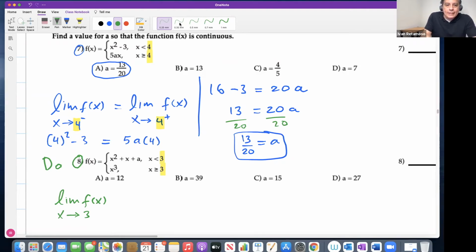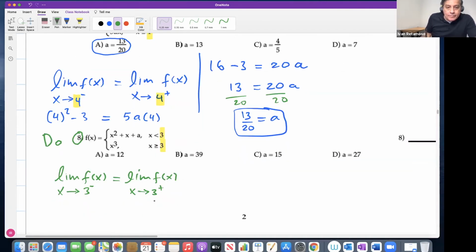Yeah, so let's take the limit from the left and make it equal to the limit of the function from the right to guarantee that they will connect there, right? They will connect. That's the whole idea. So for this guy, I have to use this formula, right? 3 squared plus 3 plus a. For this guy, I have to use this other formula, 3 cubed, right? Because you deal with numbers on the right there, 3 cubed here.